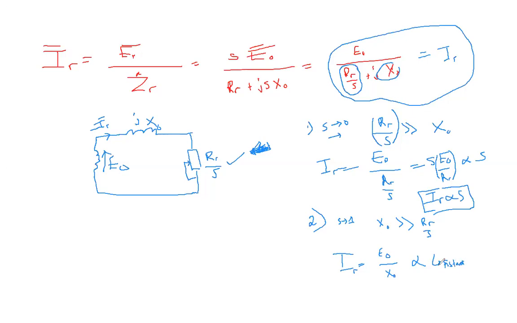Remember, S approaches 1 when the speed in the rotor is 0. So when the rotor speed is 0, our current tries to go to a constant value.